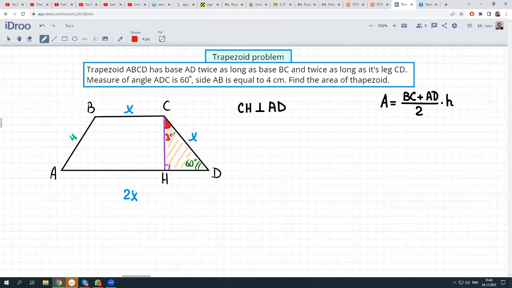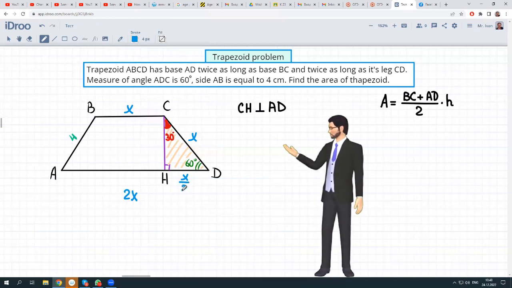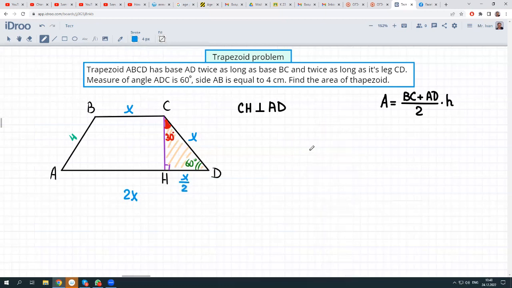But if our triangle is a 30, 60, 90 triangle, opposite to 30 degrees angle, we have the leg, which is twice as less as hypotenuse. And now we can also state that HD is x over 2, which is quite nice information, x over 2. Okay, because of 30 degrees angle.